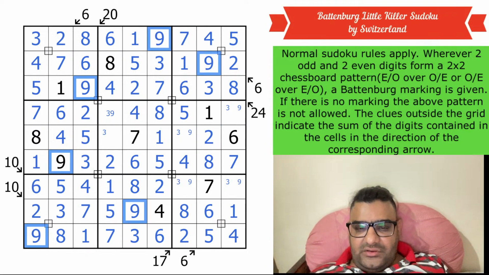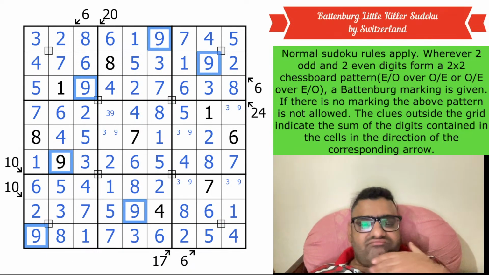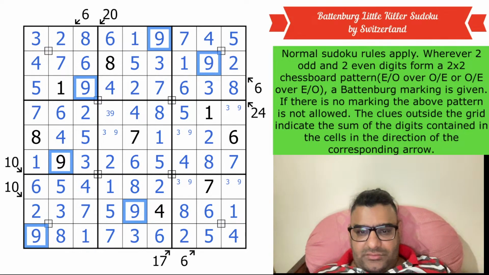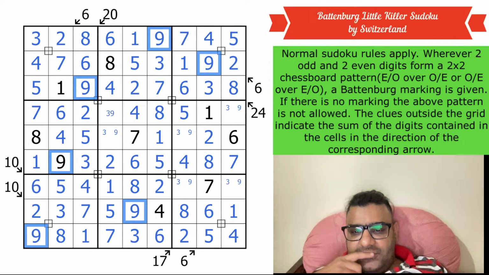If I check again, 9 can also be here. Now where is that 3 again?